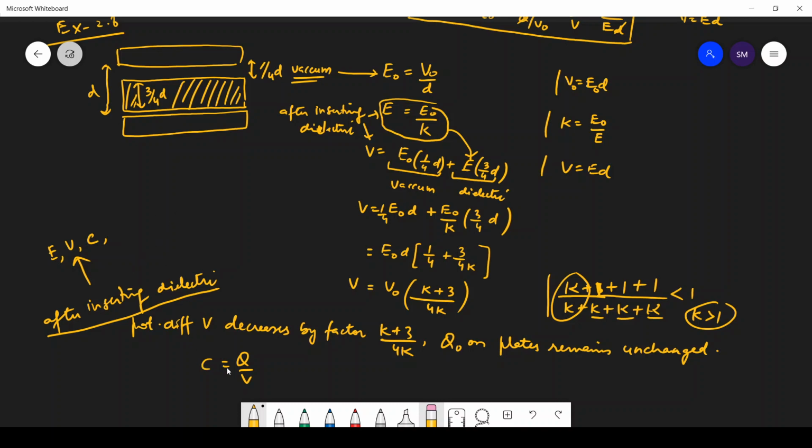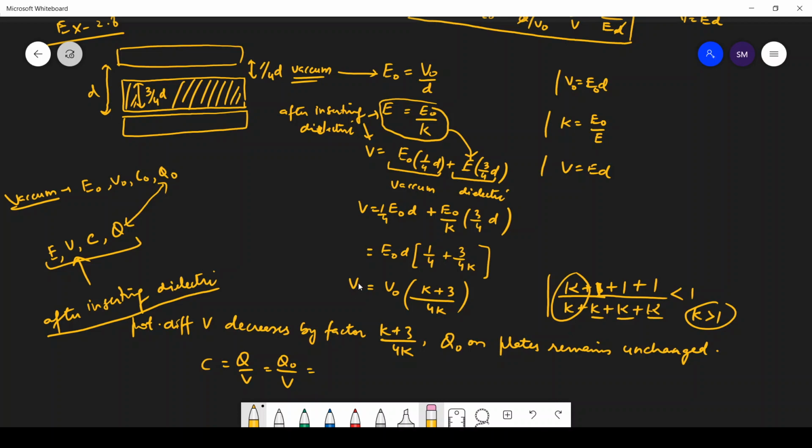Q is the same, so there is no change in Q. Q is Q naught as before. And for vacuum, I am using the symbols E naught, V naught, C naught, and Q naught. So here Q and Q naught are the same. These three are different. So C is equal to Q naught by V.